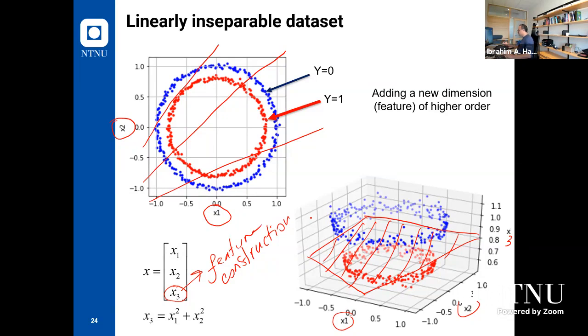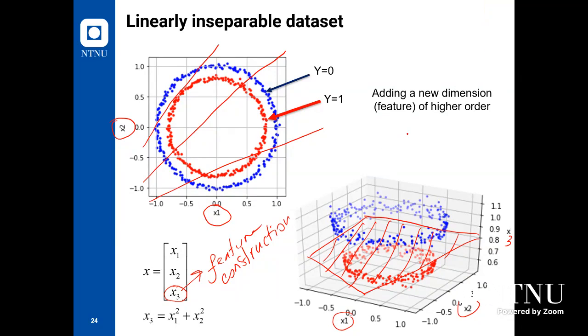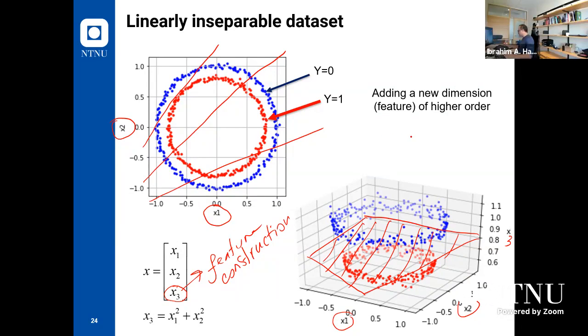When you have a data set like this one, we cannot use a perceptron here, and we cannot use logistic regression. Imagine I have a logistic regression with two inputs, x1 and x2, and we need a decision which is 1 or 0, for example 1 for red and 0 for blue.